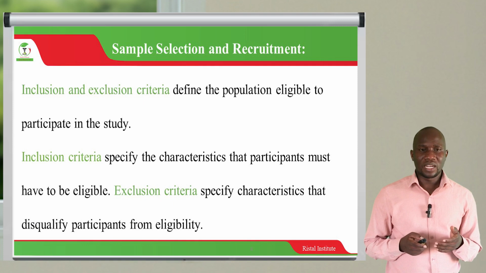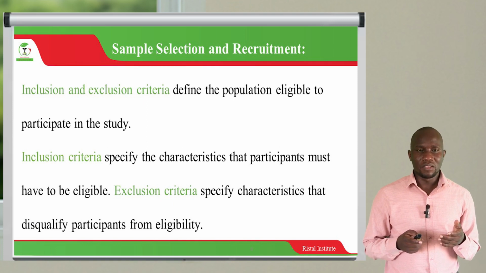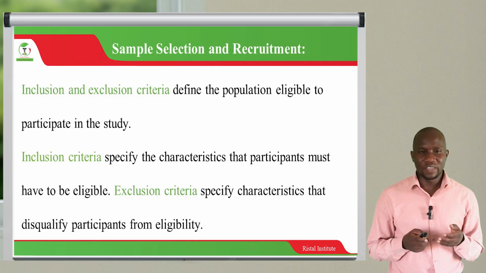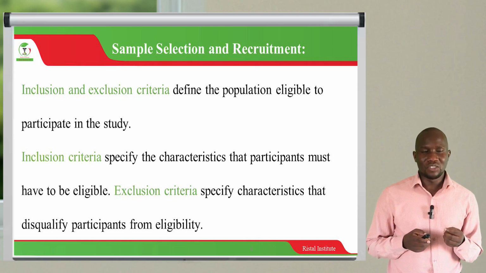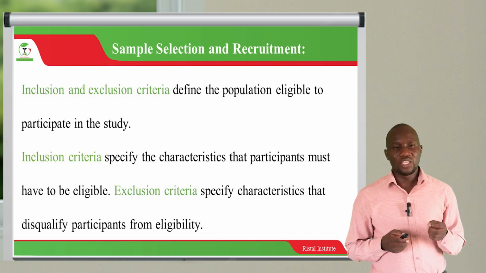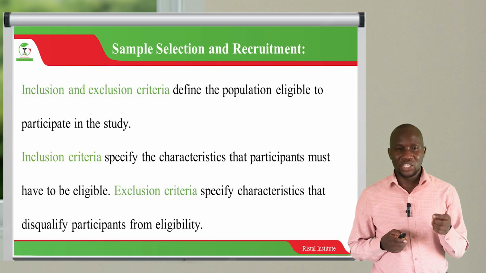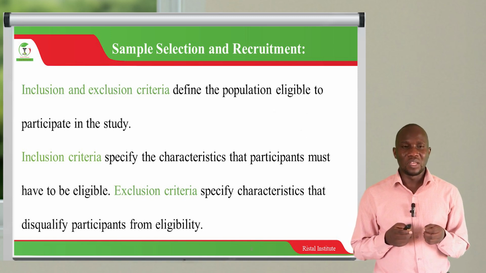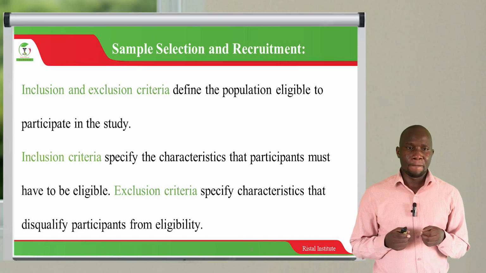The other very important aspect is if there is a health problem that you want to investigate, you need to make sure that you investigate it in the right sample. So you need to determine which population is appropriate for you to include in the study.